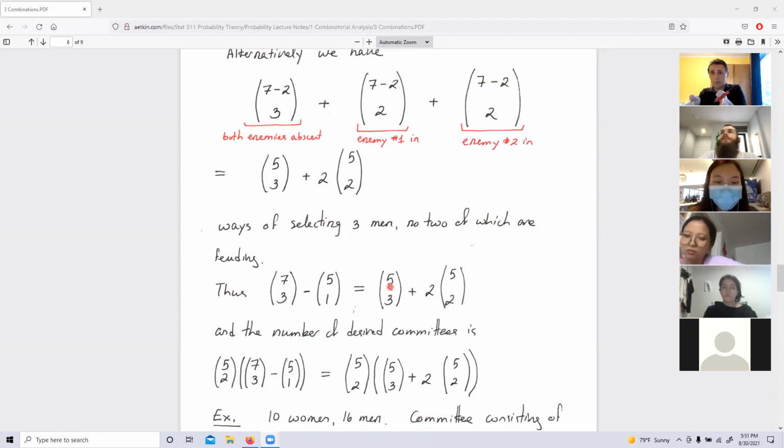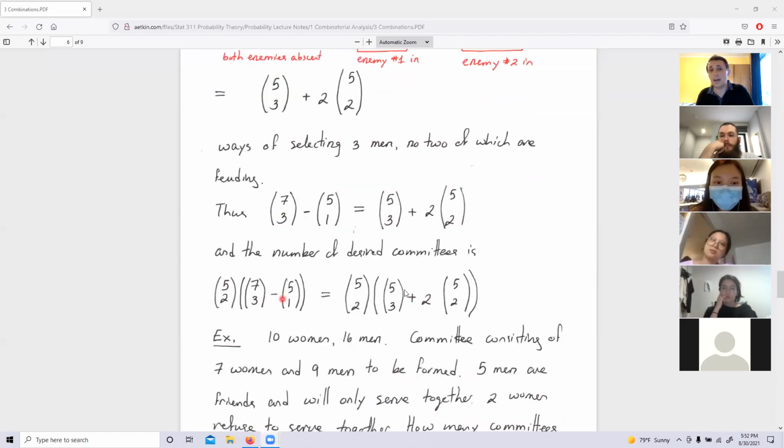And then the middle pile is where you have papers where I have enemy 1 in, and the third pile of paper I have enemy 2 in. So that's why it's 2 times 5 choose 2. So there are actually 3 piles of documents, I imagine. I partition just the men, 7 choose 3 possibilities, into 3 piles, and because we're counting exactly the same thing, this is an identity.